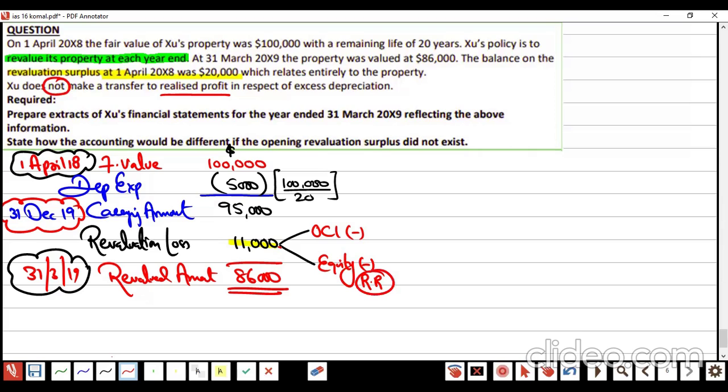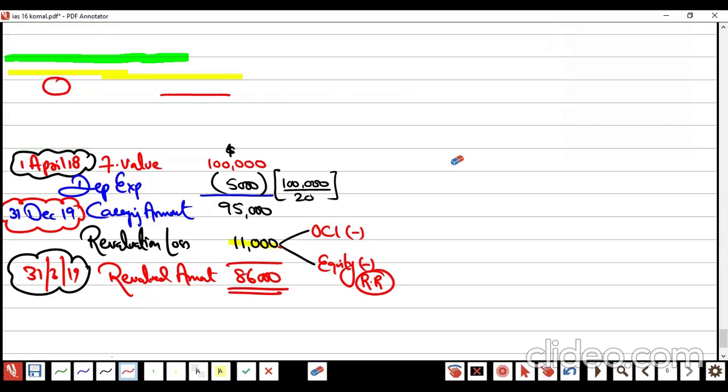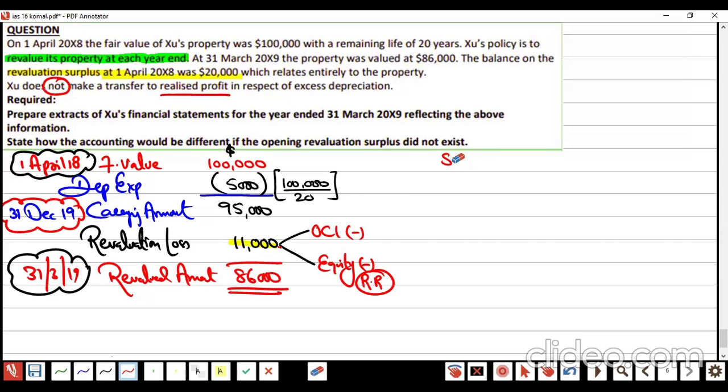Yeah. Now I am making SFP first, or if you want, I will make SOCI first. Easy is SOCI. Now the thing is, SOCI.